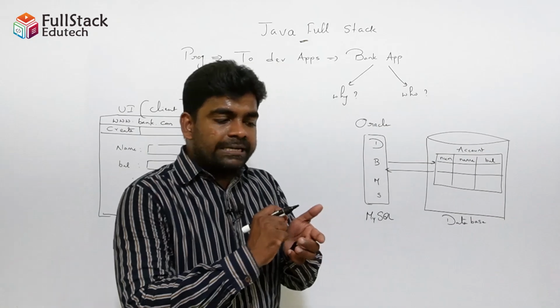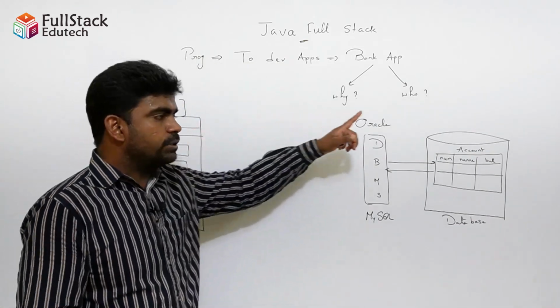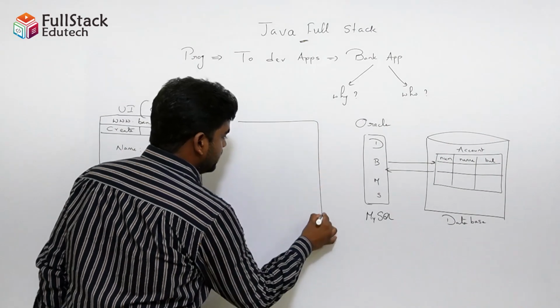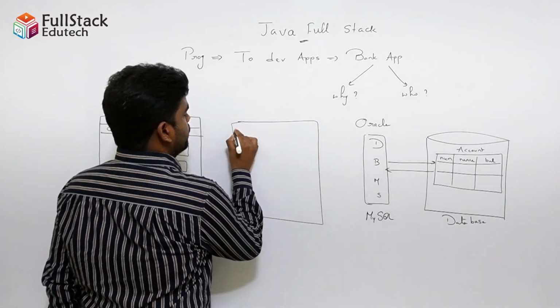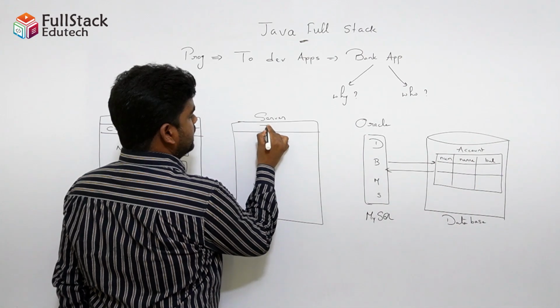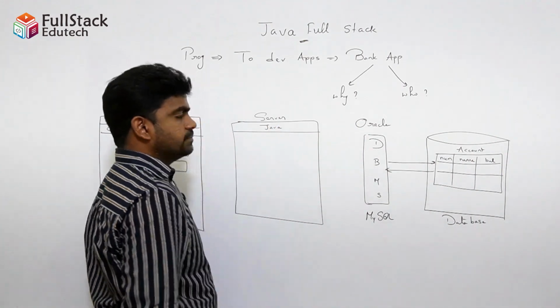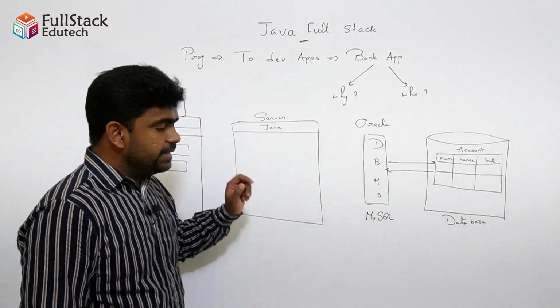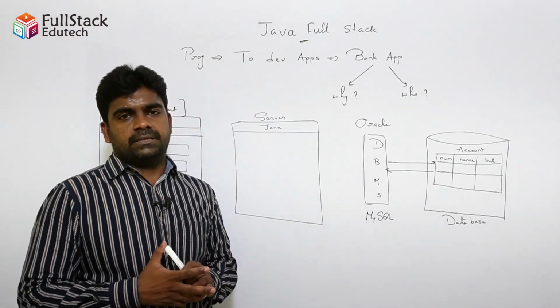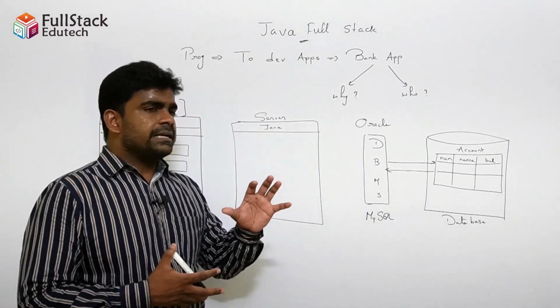But there is no direct connection from the client to the database. There should be an intermediate thing called the server. It is server-side programming. Here we use Java. What are the technologies?